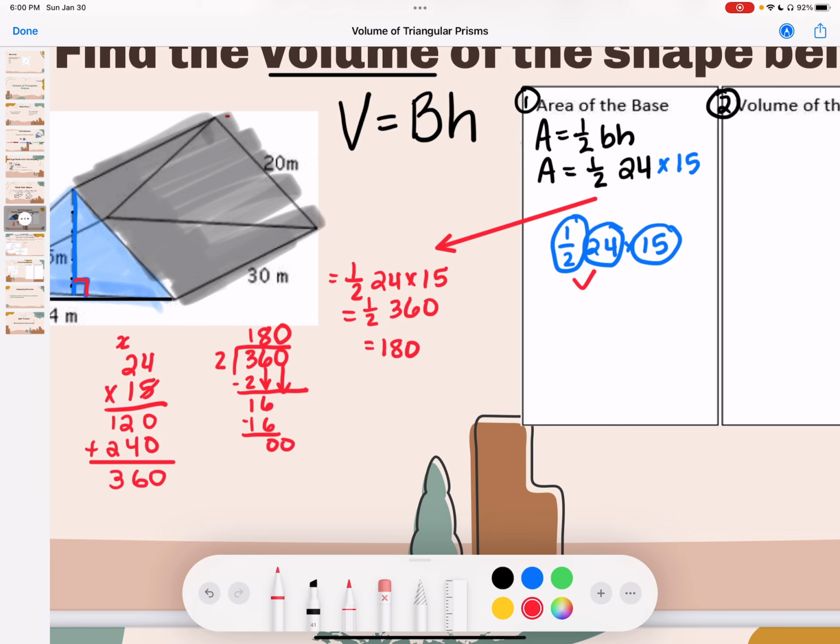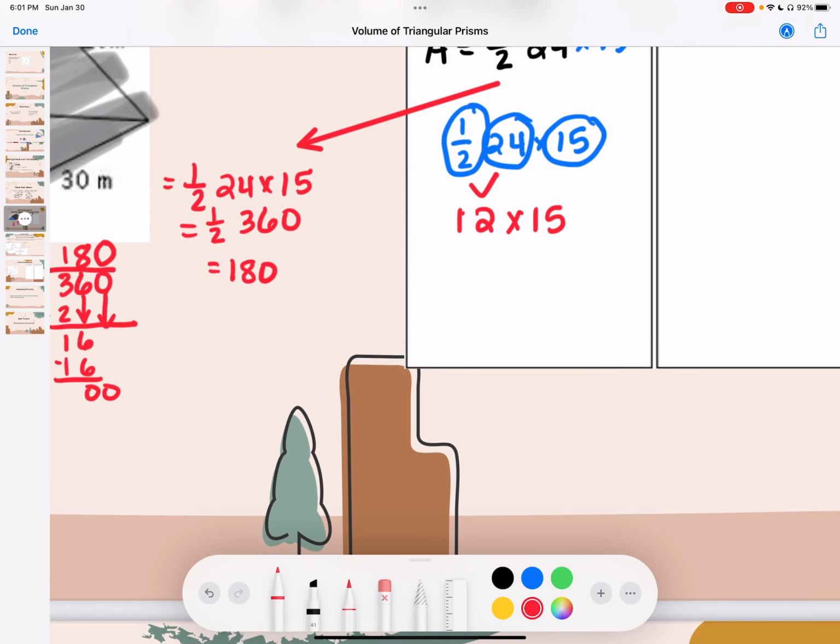So 24 divided by 2 is 12. And then I bring down my times 15. So if I just multiply that out, I've got 12 times 15, and 5 times 2, 10. 5 times 1 is 5, plus 1 is 6.